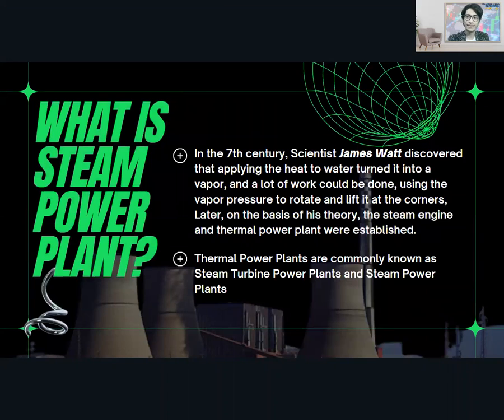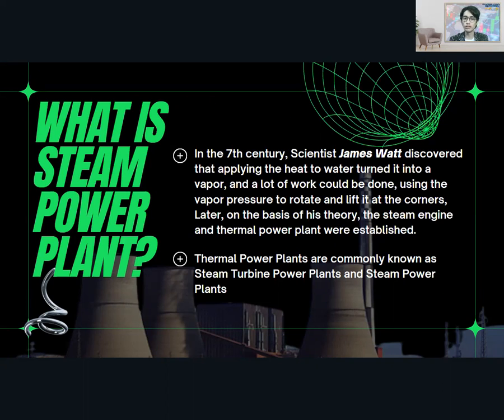What is a steam power plant? In the 18th century, scientist James Watt discovered that applying heat to water turned it into vapor, and a lot of work could be done using the vapor pressure to rotate and lift. Later, on the basis of his theory, the steam engine and the thermal power plant were established.